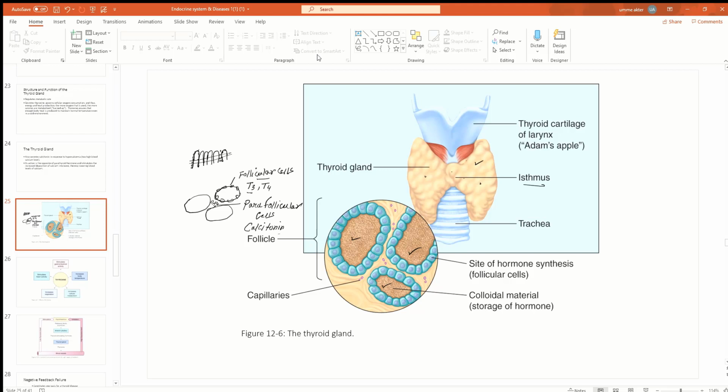T3, why is it called T3? Its full name is triiodothyronine. Tri means three, you know that. Iodine, thyronine, also called T3. That means it has three iodine atoms.